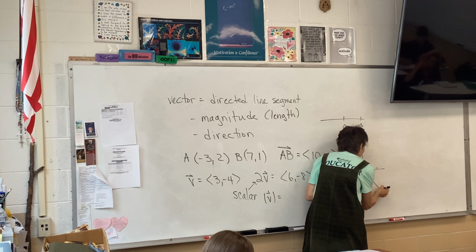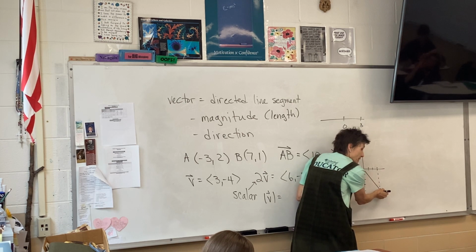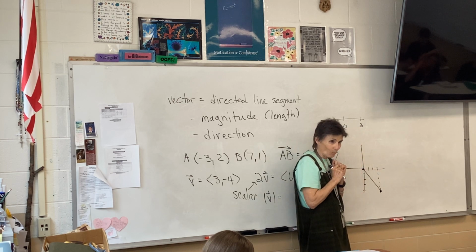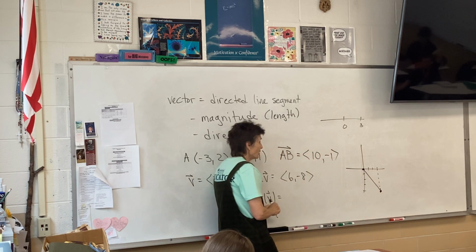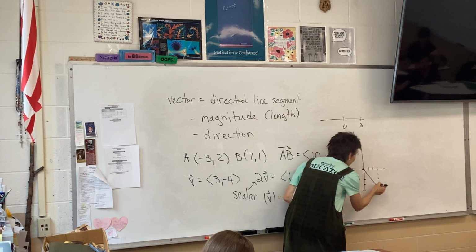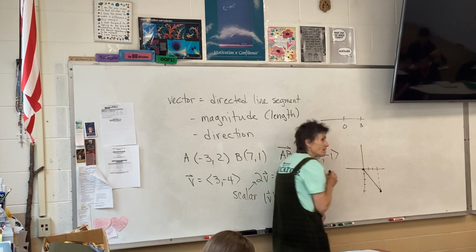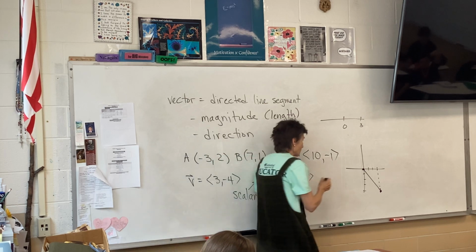Now, this is the tip of that vector, the end of that vector. Here is 0, or the origin. When we say absolute value here, we mean how far is the end of that vector from the origin. A squared plus B squared equals C squared. So we're just going to do the Pythagorean theorem.